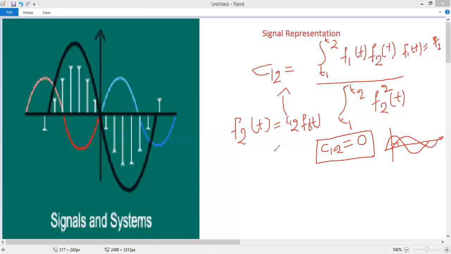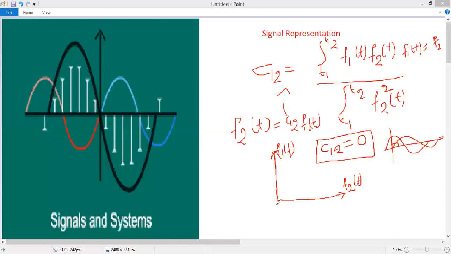So if I draw the signals F1 of t and F2 of t, and I want to draw the C12 line, the correlation coefficient line, the value is 0 here.